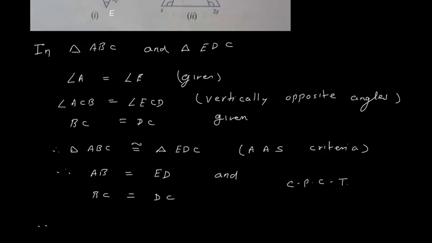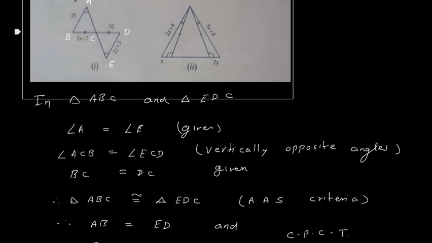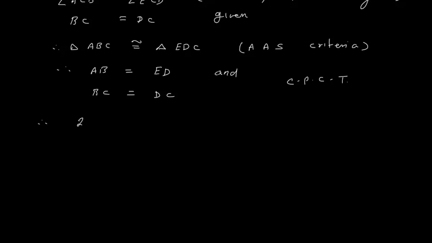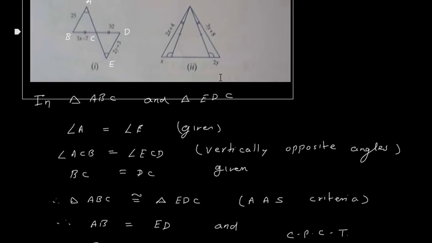So therefore, we have 25 equal to 2y plus 3 and 3x minus 7 equal to 32.